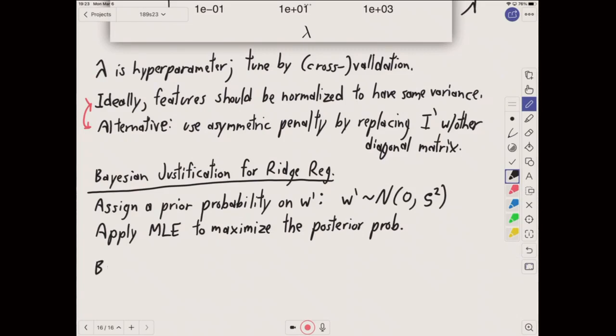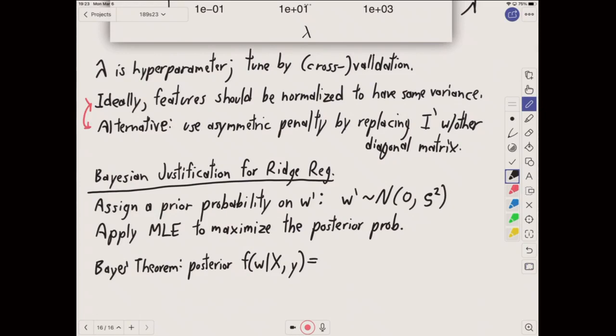So here is the use of Bayes' theorem to do that. The posterior probability that I care about is the likelihood that I will get a particular set of weights given a particular input, the sample points x and their labels y.